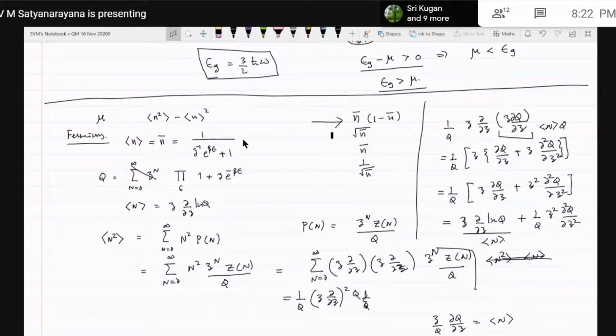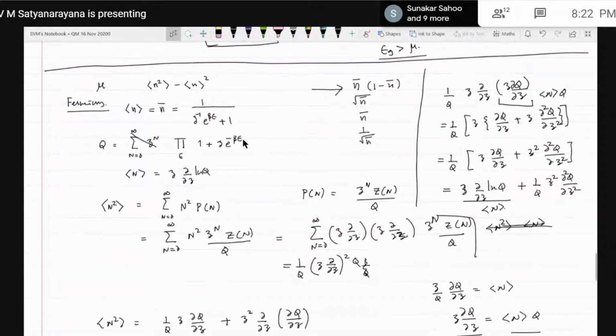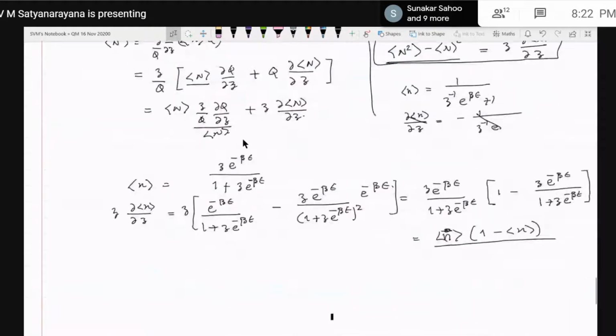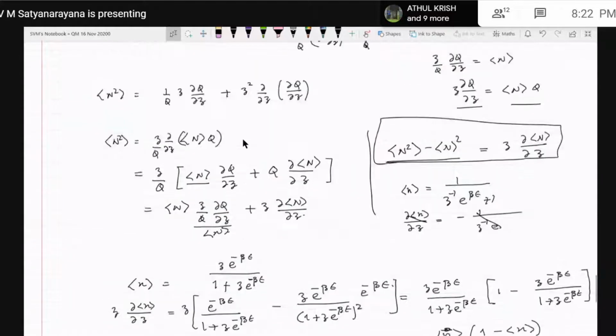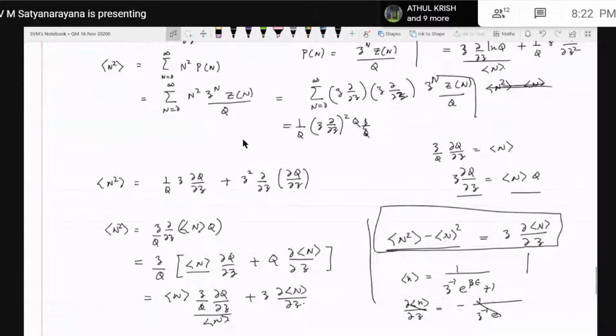What I'm saying is that as far as up to this point, up to this equation, I have been very general. So this could be the total number of particles, or this could be average number of particles per single particle state. This is same for bosons and fermions.